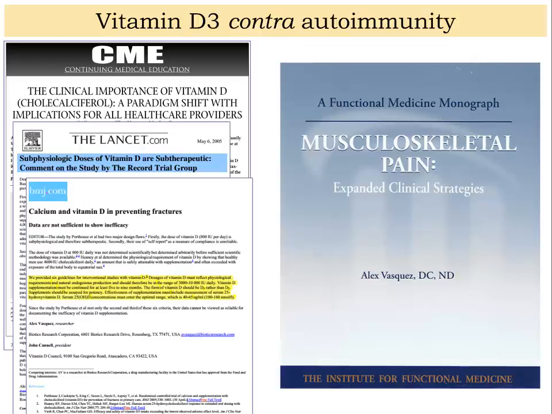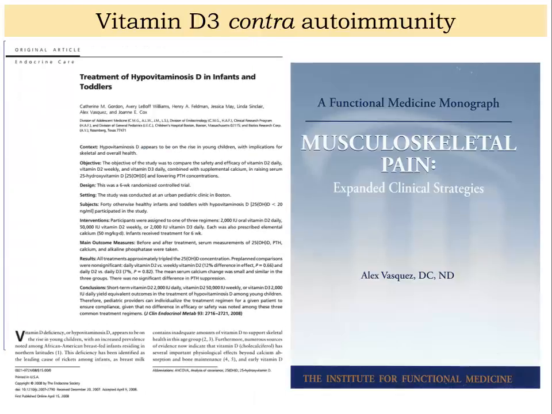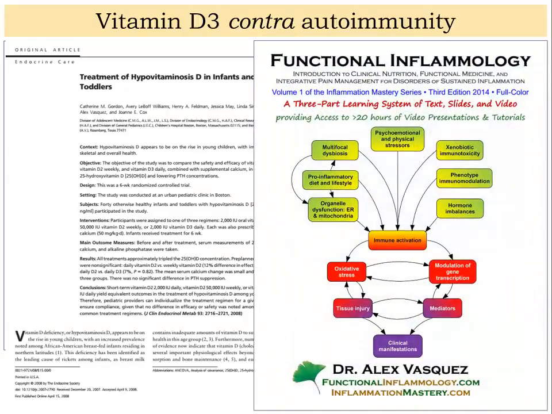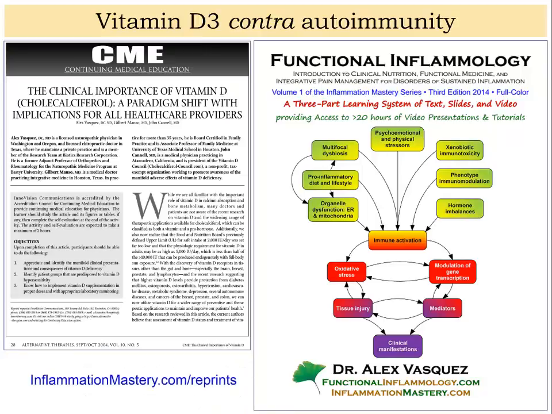Also in that same year, 2008, we published a clinical trial in Journal of Clinical Endocrinology and Metabolism, and I've continued to advance that work again into my most recent protocol, which is represented by this book, Functional Inflammology. But for the most part, when it comes to my vitamin D work, I still consider this monograph from 2004 to be representative of my opinions and perspectives at that time as well as now.